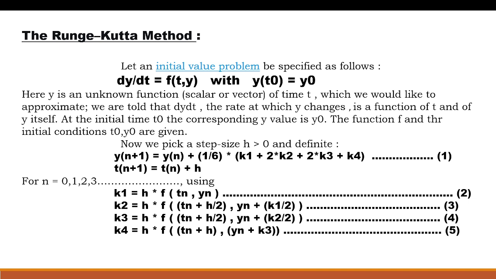Here n is equal to 0, 1, 2, 3 and so on, using k1 is equal to h times f of tn comma yn, and k2 is equal to h times f of (tn plus h/2 comma yn plus k1/2), and k3 is equal to h times f of (tn plus h/2 comma yn plus k2/2), and k4 is equal to h times f of (tn plus h comma yn plus k3).